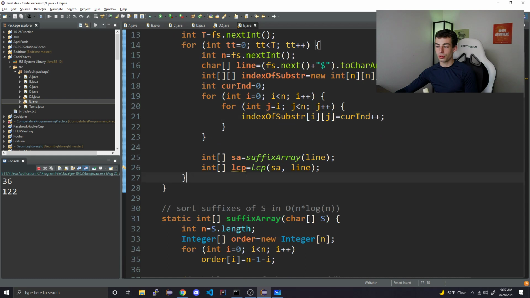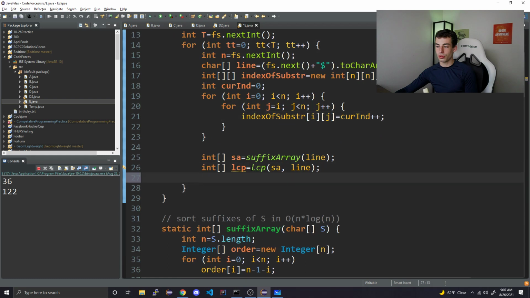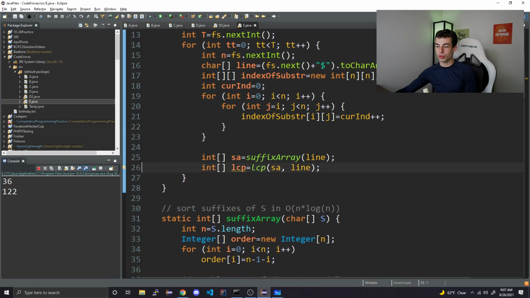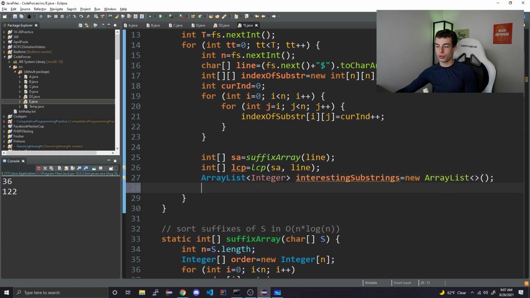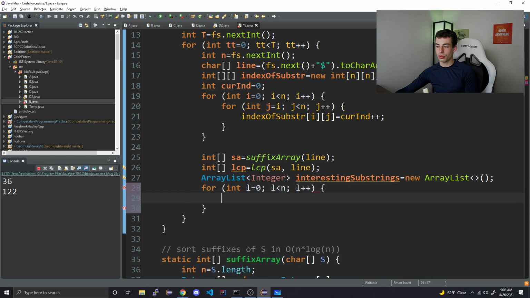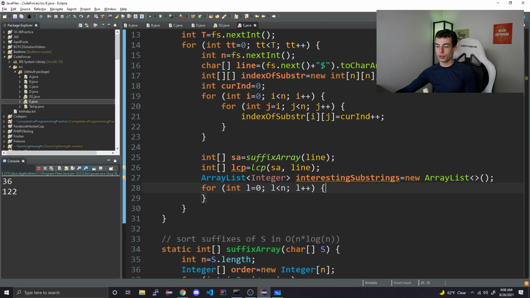Okay, so we have this, we have this. So now we need int array A, new int array. Well, it's an array list.